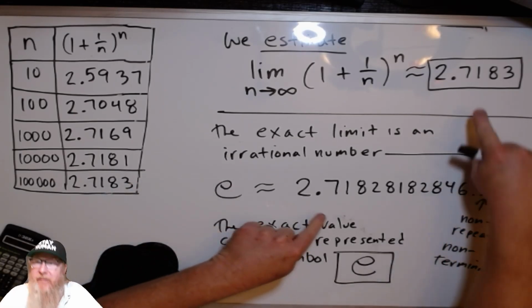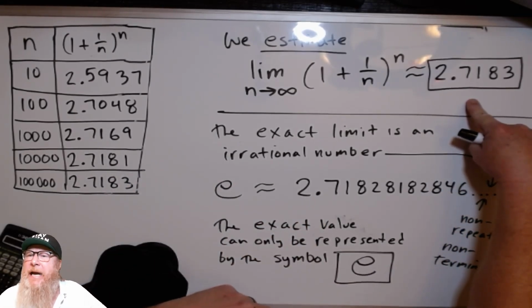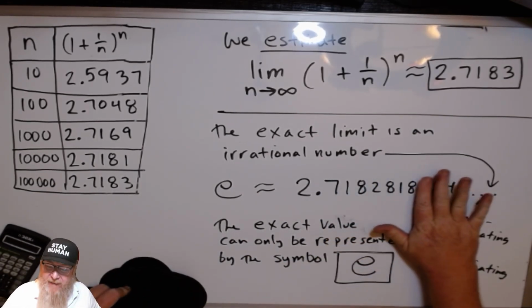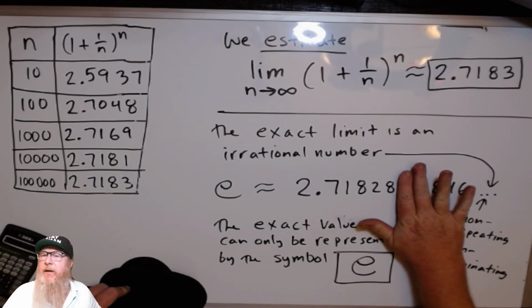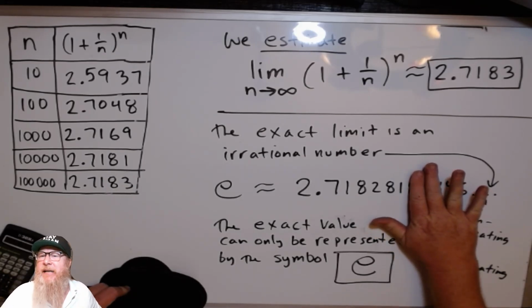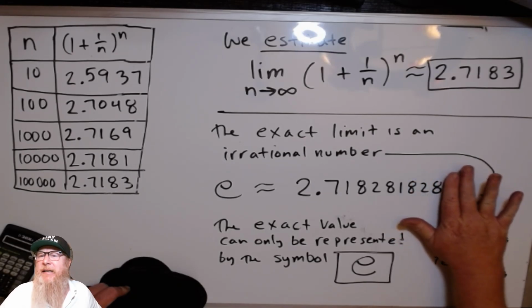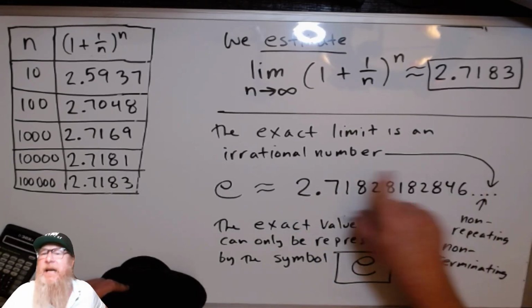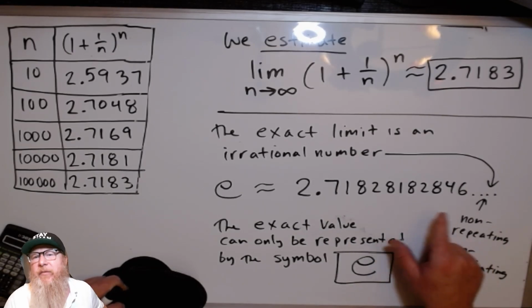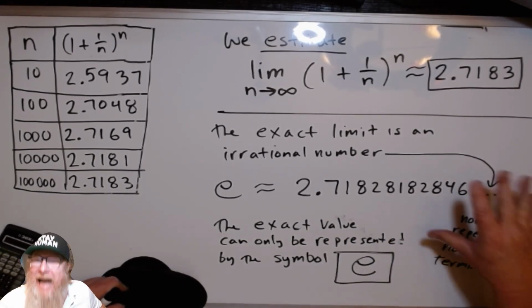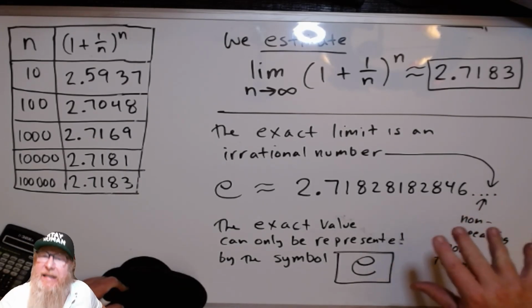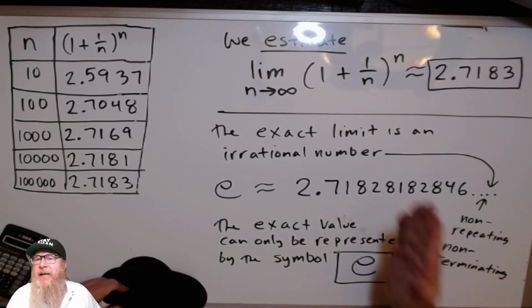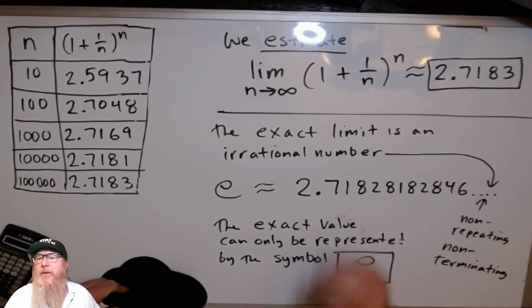But the approximate value is 2.7183 if it's rounded to 4 decimal places. If it's rounded to 5 decimal places, then it would be 2.71828. If it was rounded to 6, 7, 8, 9, but no matter how many decimals I put, these are always just approximations of e because you can never actually get the decimal to be exact. So all of the decimal values of this are going to be approximations depending on where you want to cut it off at.